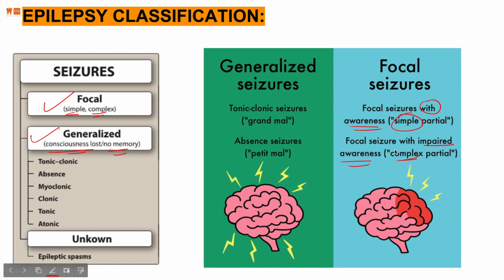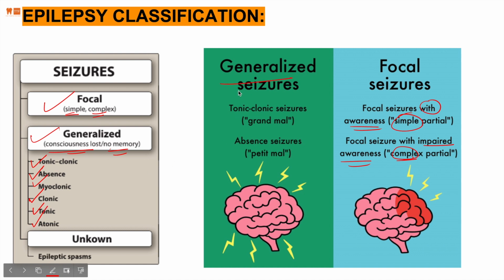So basically, when a person goes through a focal seizure from a temporal lobe, for example, or an occipital lobe, they will either have awareness or they will not have awareness, and that subclassifies it into simple and complex. Whereas generalized has a bunch of names under it, which is tonic-clonic, absence, myoclonic, clonic, tonic, and atonic.